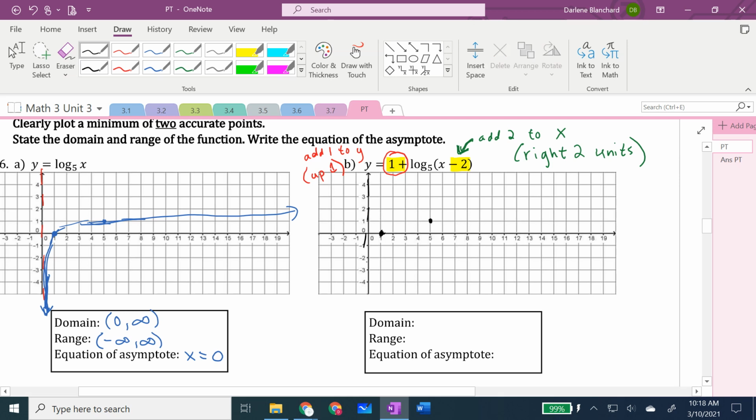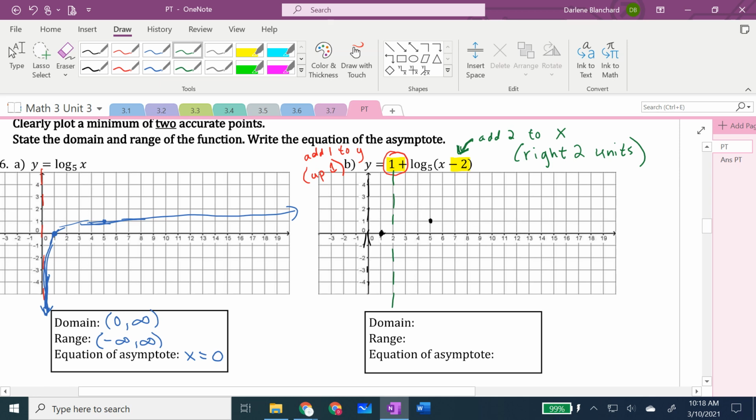So let me go back to, you've got the asymptote and 2 points from the parent graph. And now the asymptote is moving right 2 units. So the asymptote is now going to be at x equals 2. It's not affected by the up and down movement.